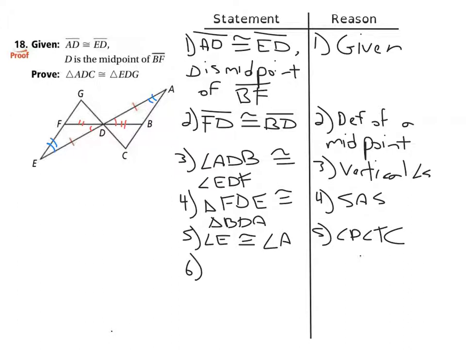So 6, we can say angle EDG is congruent to angle ADC. How do we know that that's true? They're vertical angles.